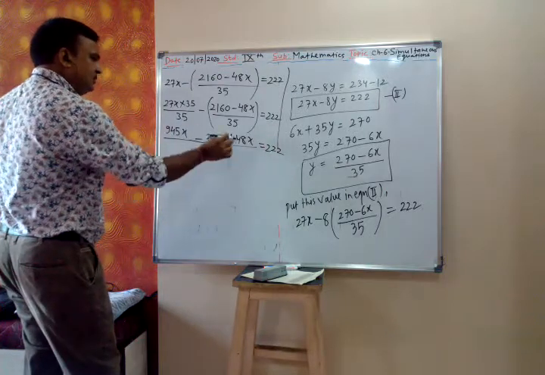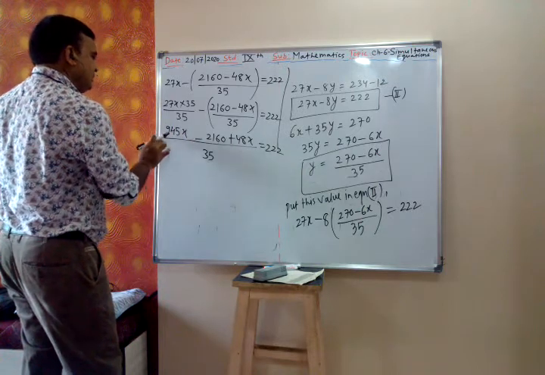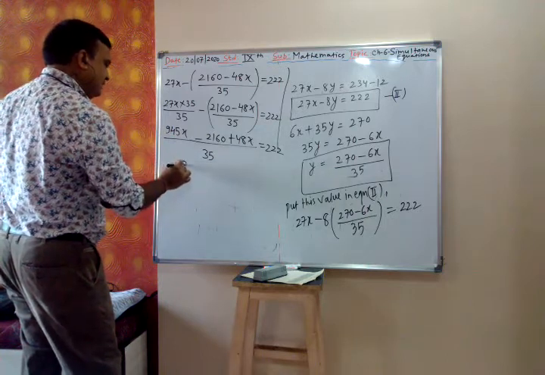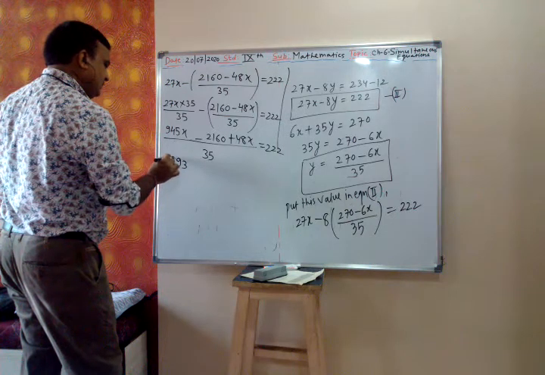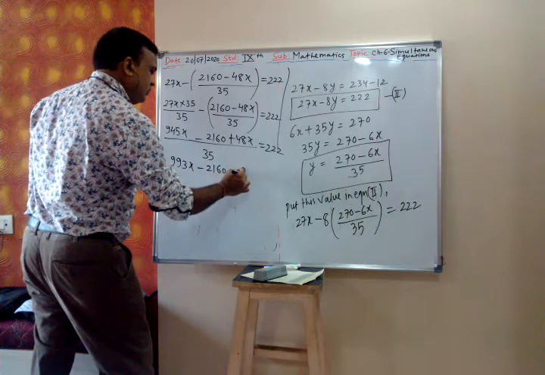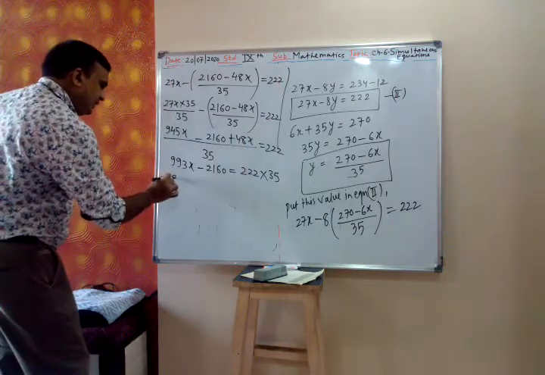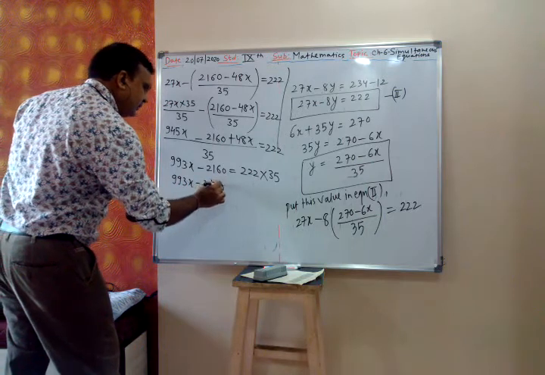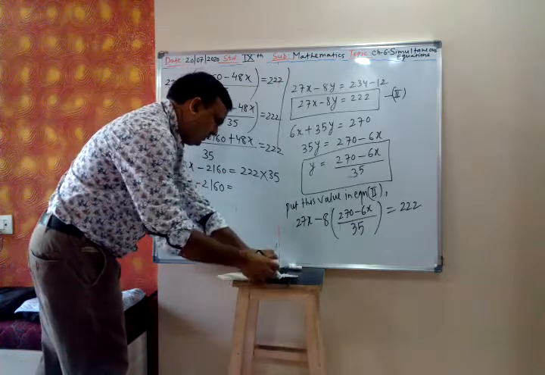So 945x plus 48x, simplify: 993x minus 2160 is equal to 222 into 35. 35 will get multiplied. So 993x minus 2160 is equal to, multiply how much? 7770.